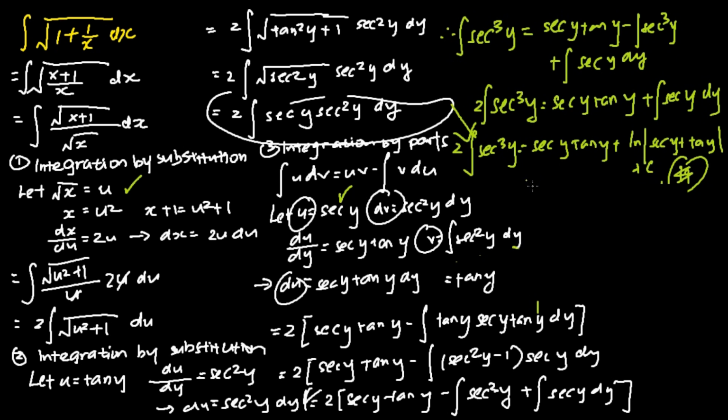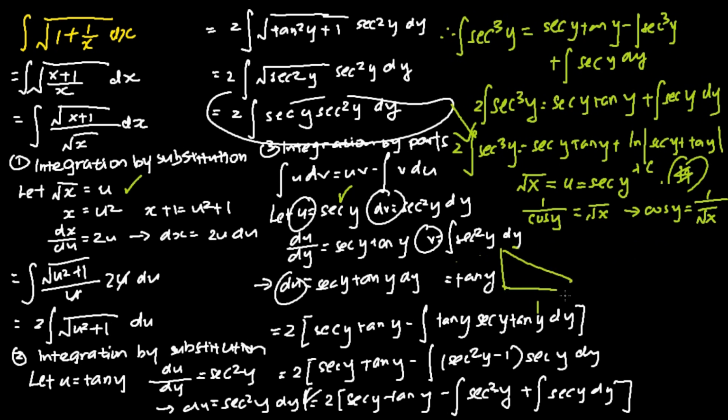We know that we made substitutions by converting square root of x to become u, and then from u to become tangent y, so secant y is 1 over cosine y. This gives me square root of x. Therefore cosine y is basically just 1 over square root of x.